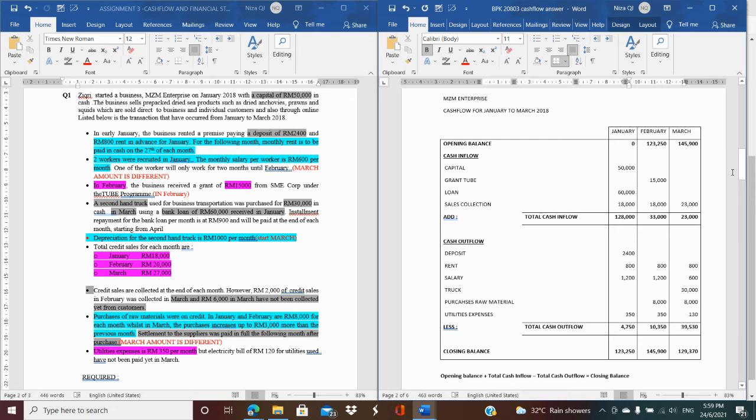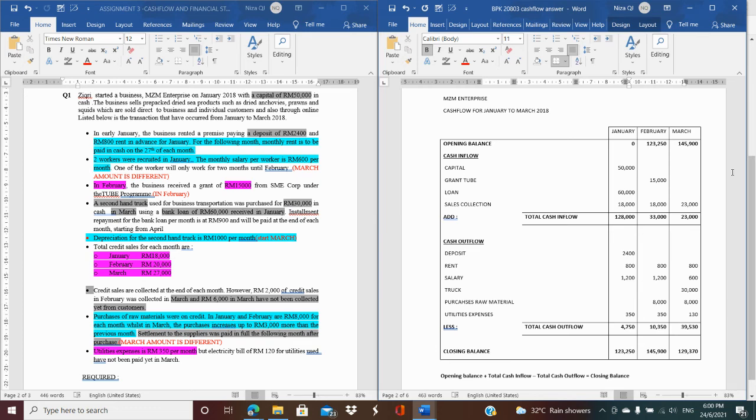So 128,000 minus 4,750 is 123,250, then plus 33,000 is 156,250, minus 10,350 is 145,900, plus 23,000 is 168,900, minus 39,530 is 129,370.